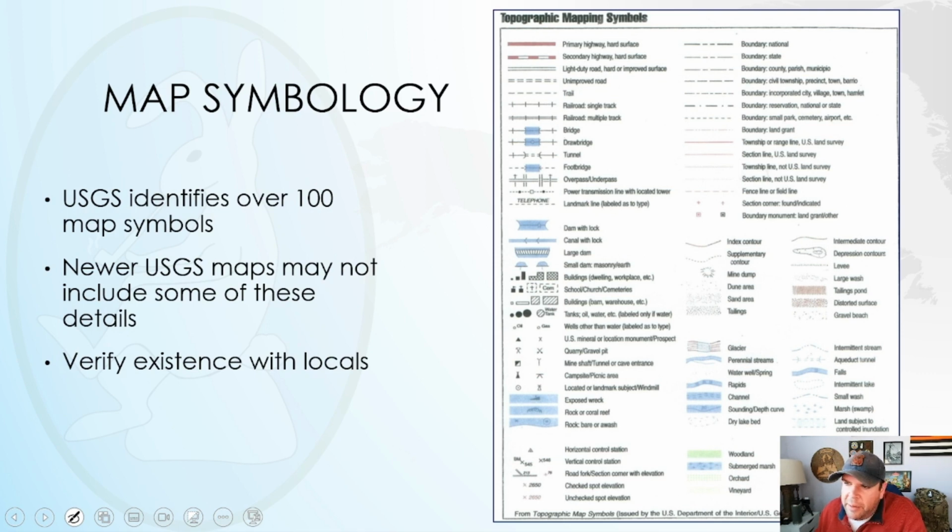In 2018, the U.S. Geological Survey discontinued the field verification for roads, trails, and structures located on private property, which is kind of disappointing, because from our perspective in search and rescue, having those marked on a map is very helpful.